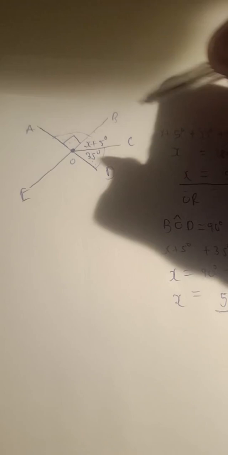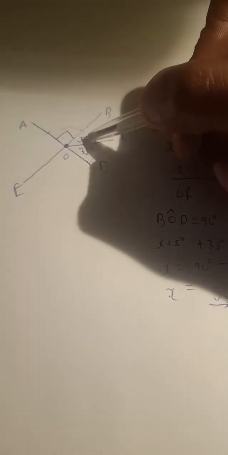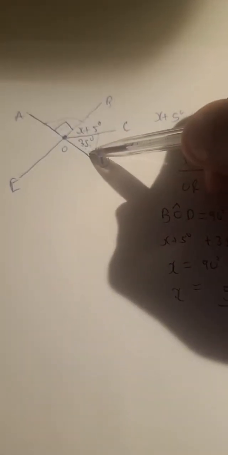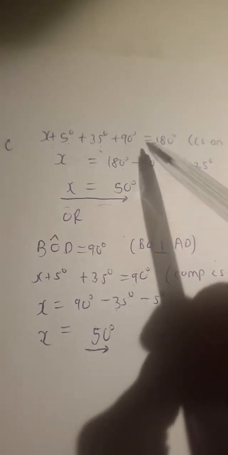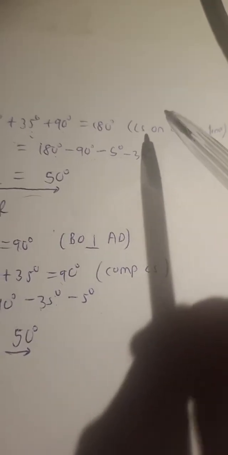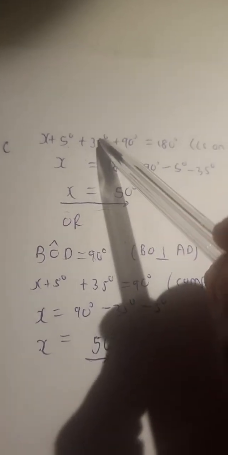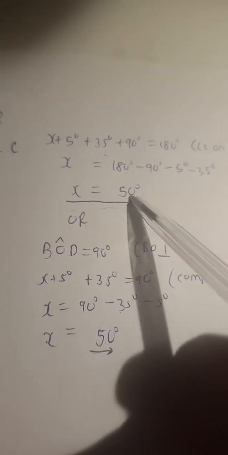So this is a common vertex, and when angles share a common vertex, are adjacent, and lie on a straight line, they add up to 180, as long as the angles complete the straight line. That is why we say x plus 5 plus 35 plus 90 degrees is equal to 180, angles on a straight line. Then we can solve for x, take the angles over, and we get x is 50 degrees.